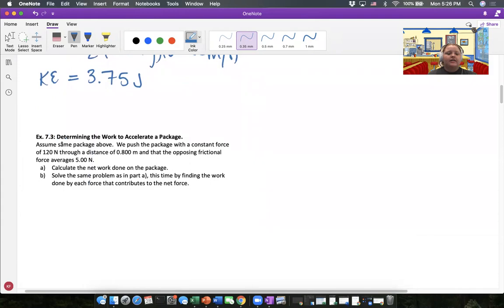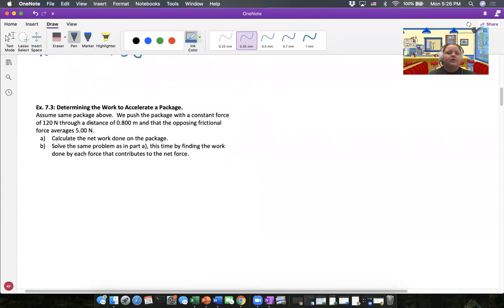Now, looking at our next example, 7.3, we're going to determine the work to accelerate a package. We're looking at the same package as we just did. We push the package with a constant force. Let's put a little picture here.